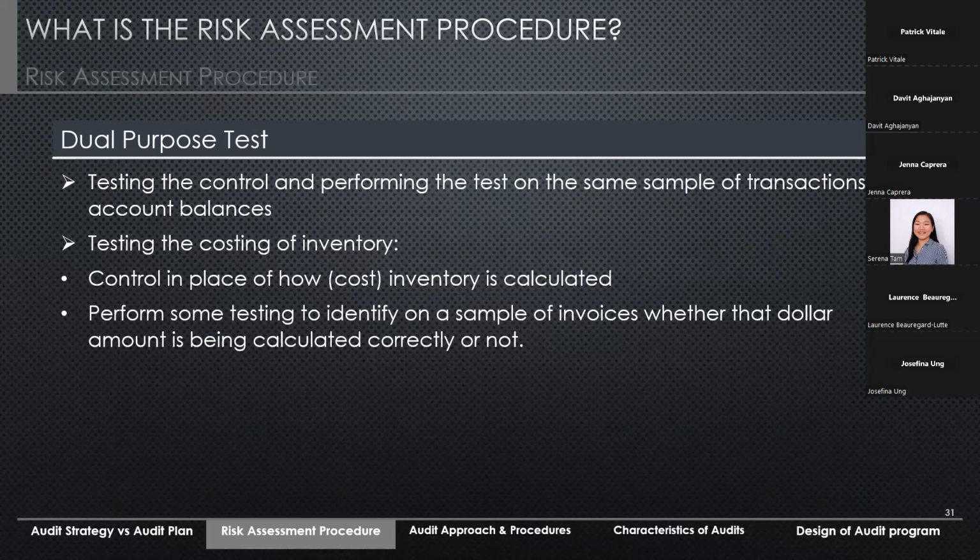We're going to be looking at the controls in place. So that's the test of control, and then we're going to be doing some substantive testing. So perform some testing to identify a sample invoice. Again, with the invoice, is the amount reasonable or not. So that's why dual purpose test is assertion level. Combined approach is really the overall approach.